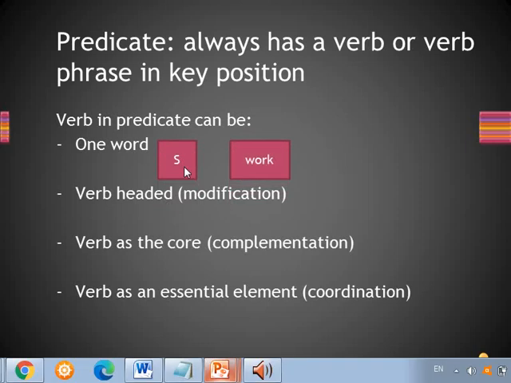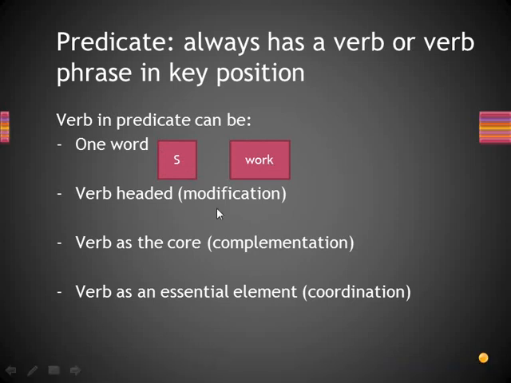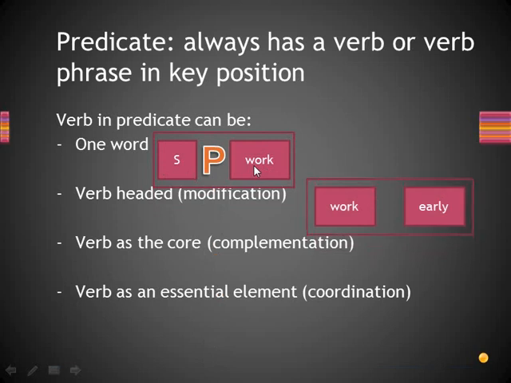Okay, so we have subject, and then work is the predicate, and we put them in a bigger box, and then P. So the predicate is one word, work, and the predicate can be verb headed. Like this one, work is the head, and early is the modifier.